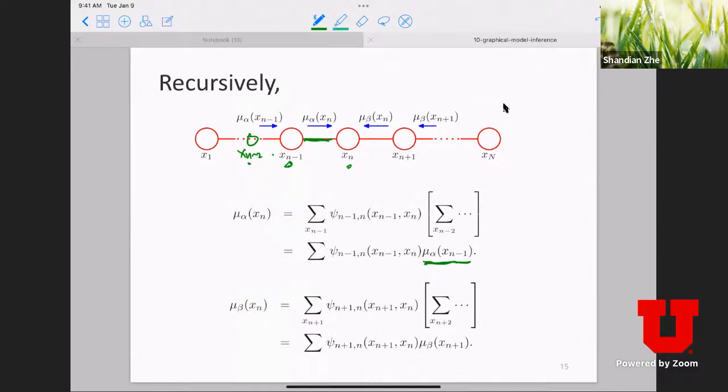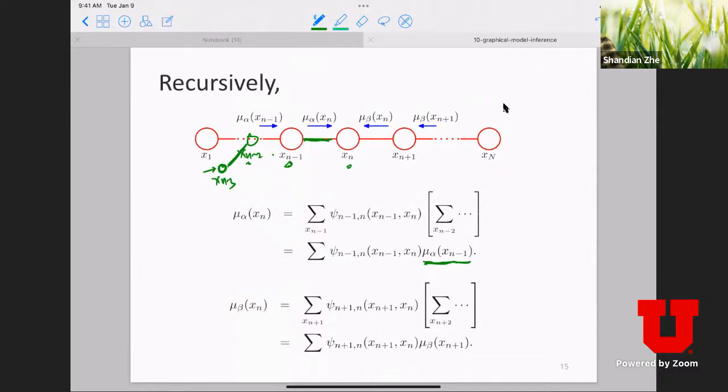So this is just a recursive definition. And if you want to compute the message for xn-2, you just need to multiply the message sent to its previous node xn-3 with their potential function, and then sum over xn-3. So you can see this recursive structure. And similarly, the backward message works the same way.